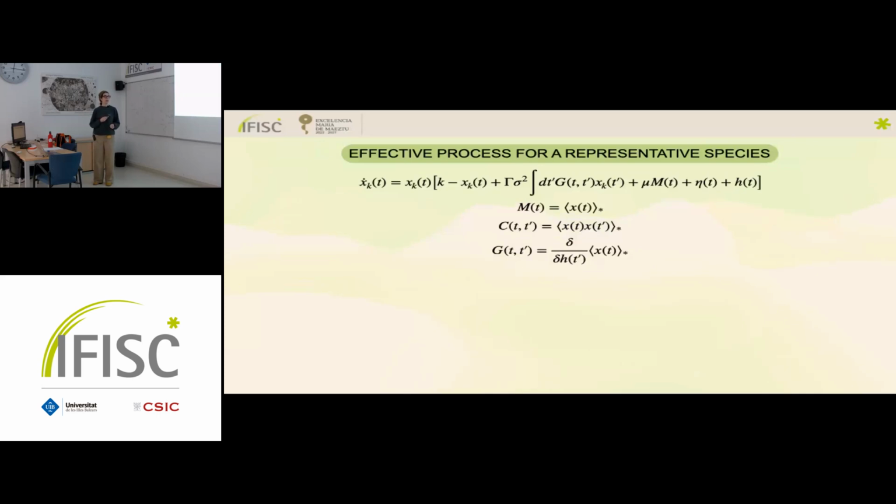Eta is the correlation term, whereas H is the auxiliary field we use to gain information about the system. Together with this effective process, I also gain information over M, C, and G. These M, C, and G are microscopic quantities. Specifically, they are the average abundance of the population, the correlation term, and the response function.